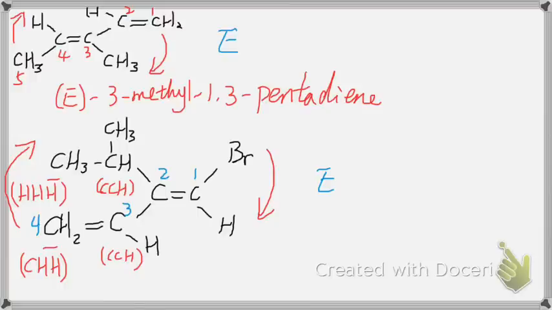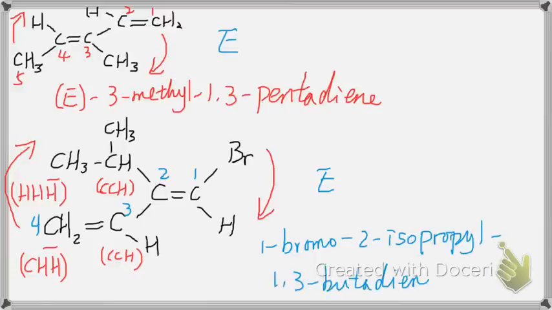Carbon 1 has bromine, carbon 2 has an isopropyl group. So the name for the compound is 1-bromo-2-isopropyl-1,3-butadiene. And don't forget to put the configuration E in the front of the name.